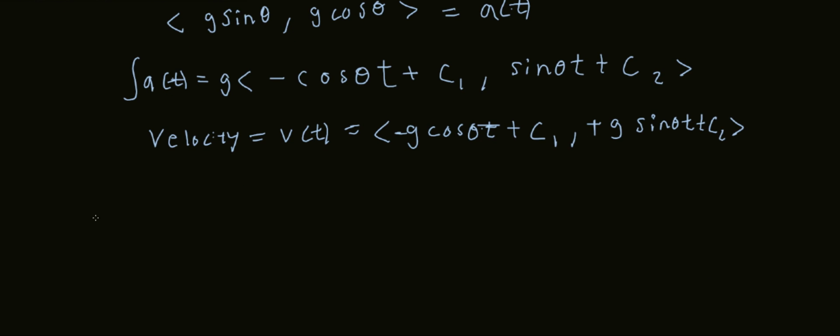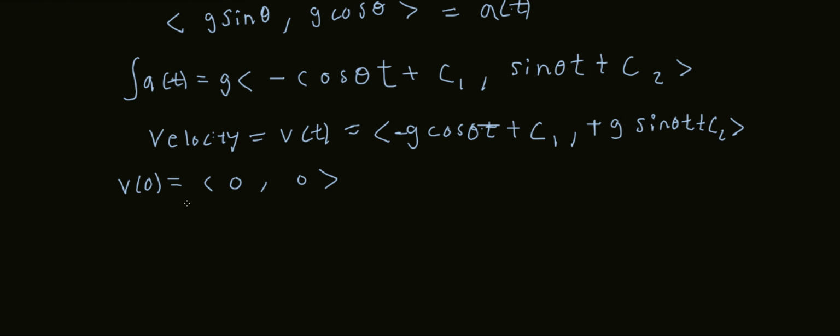And recall the question, we're given the initial velocity, so initial velocity means that v of 0 is actually just 0, 0. That's what is said from the problem. So now what we have to do is equate the two. Okay, how do we equate that?